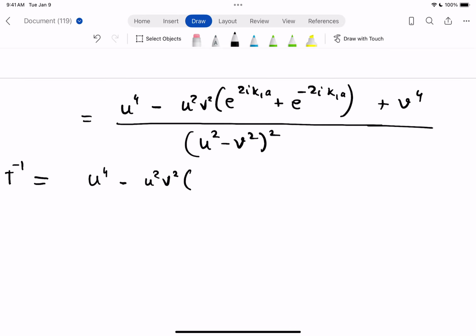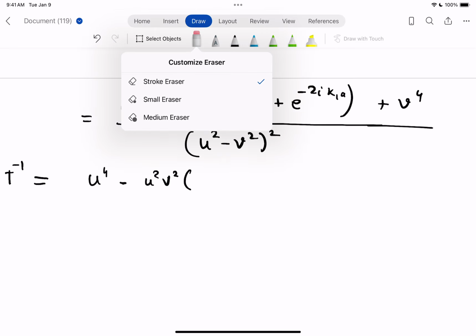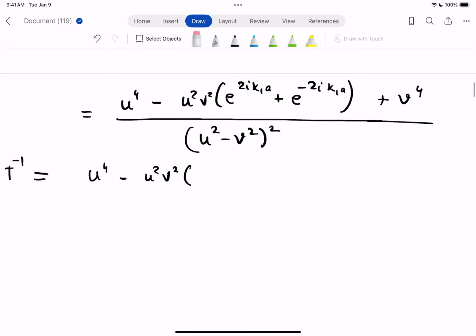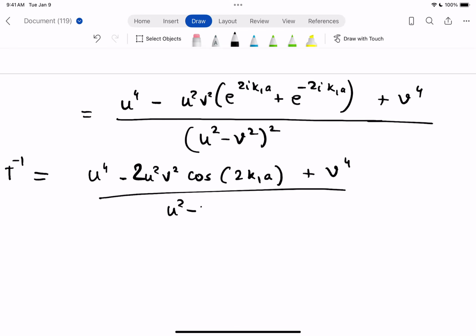So this will just be 2 times cosine 2 k1a, plus v to the power of 4 divided by u square minus v square.